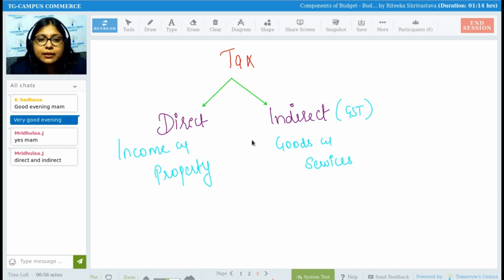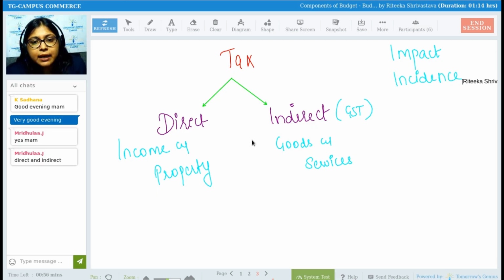Then we had said that for direct tax, we have studied two important terms. Remember, impact and incidence. So tell me, what do we mean by the term impact?